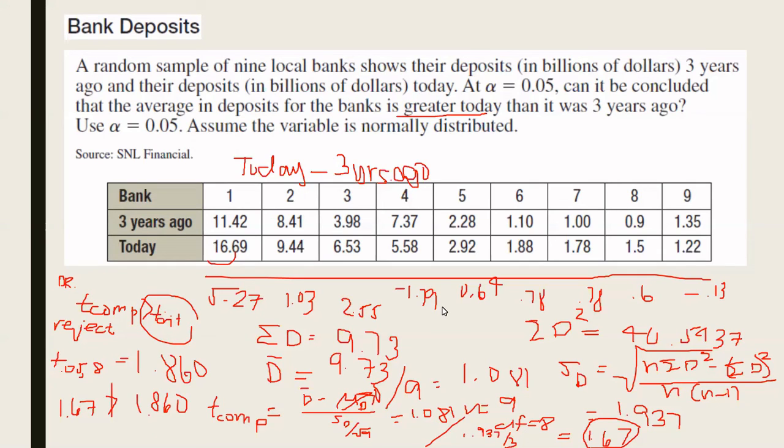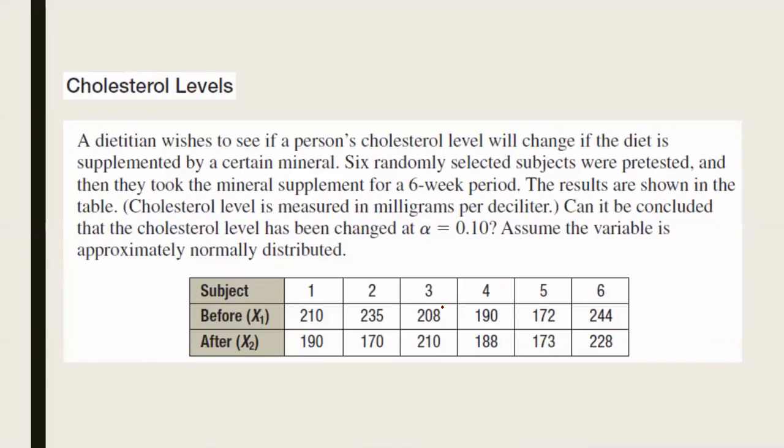Then let's go to another example. Okay. So you try to do this. Try to find HA, H0, decision rule.